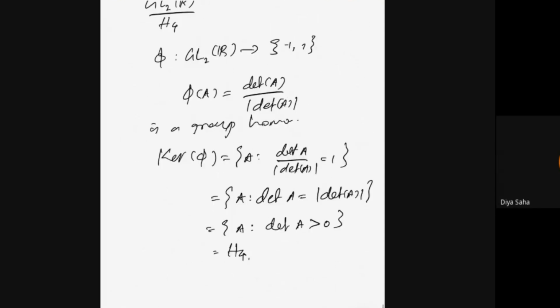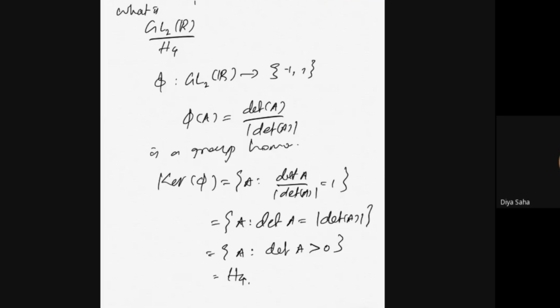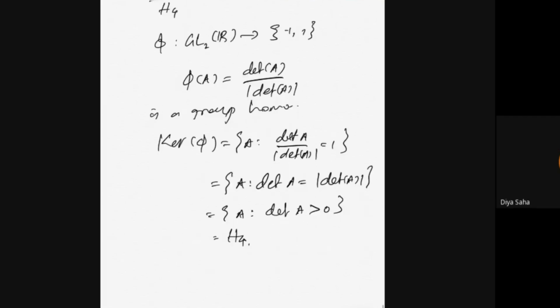And is that onto? By definition itself, it is an onto homomorphism, because phi of the identity matrix is 1, and phi of [1 0; 0 -1] is basically -1.